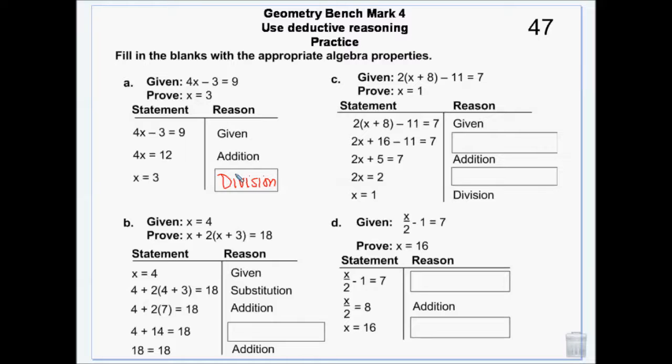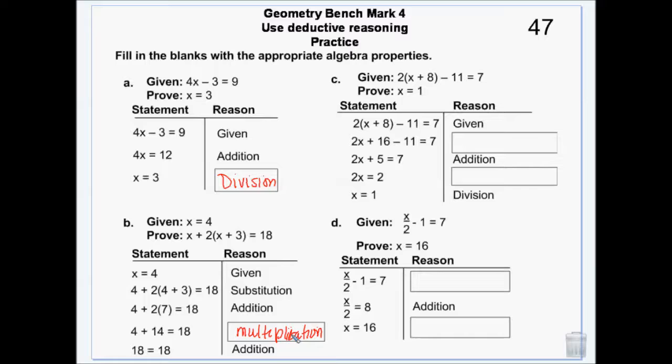Then they multiplied 2 times 7 to get the 14, so that would be multiplication. And then they added to show that 18 equals 18, which proves that this is true. We won't do a lot of those. Ours will mostly go forward, not backwards.